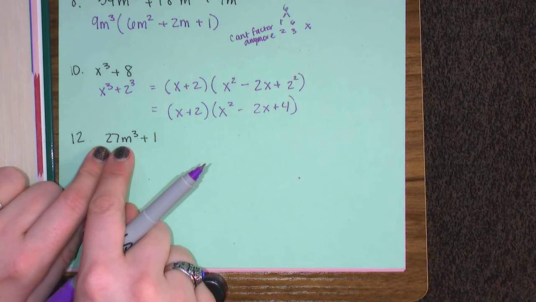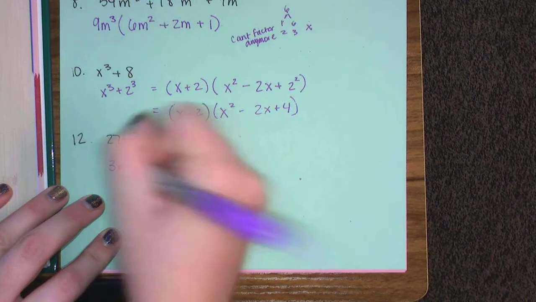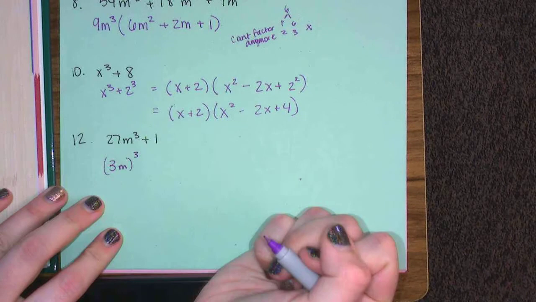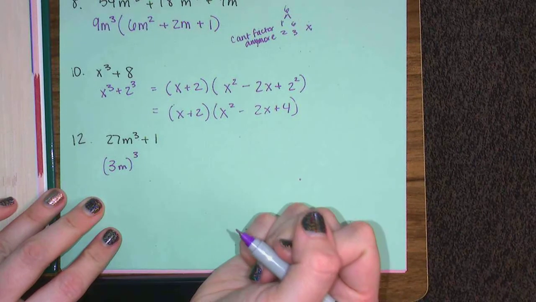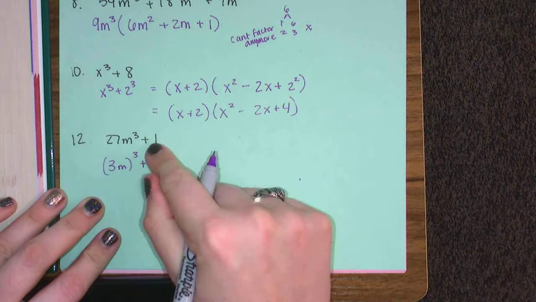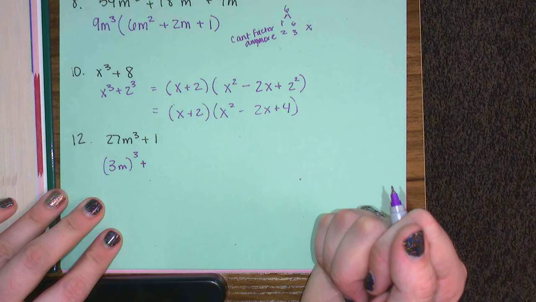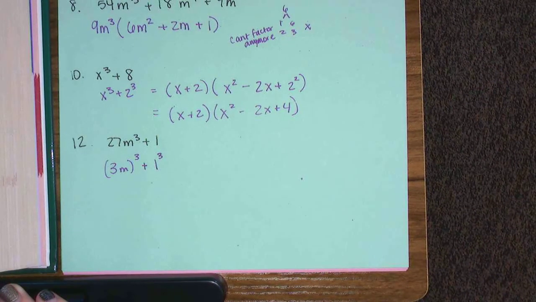Nine cubed is not 27. So 3m, and then this whole thing is cubed. And then obviously rules of exponents means that that's 3 cubed and m cubed. Plus, how about 1? That's just 1 cubed. 1 times 1 times 1 is still just 1.